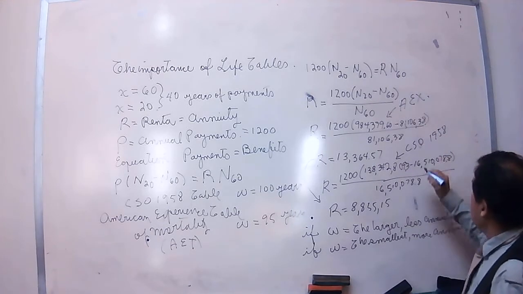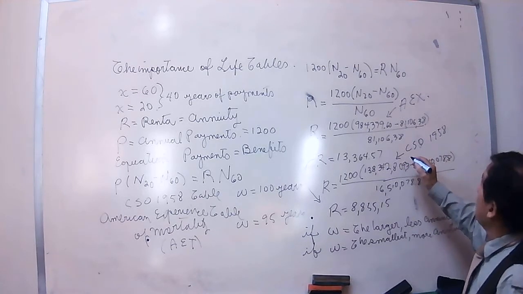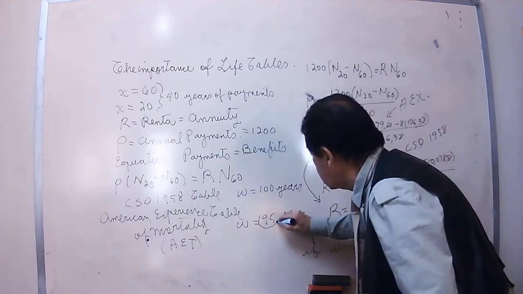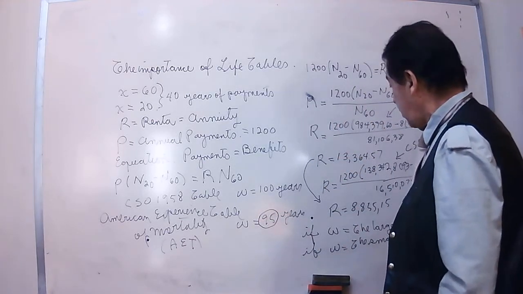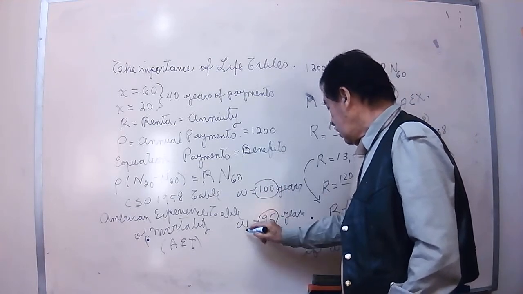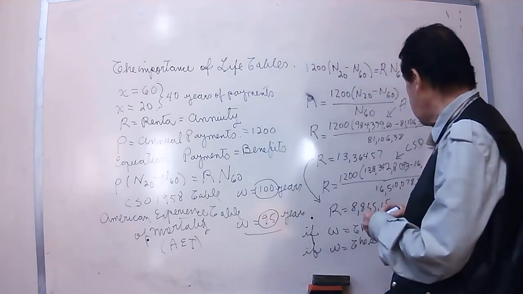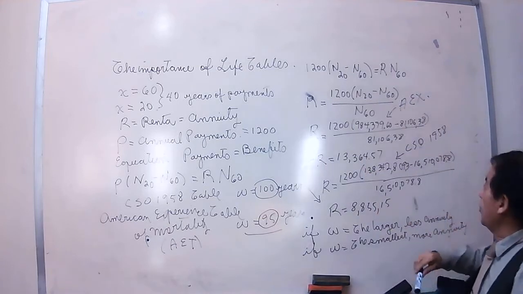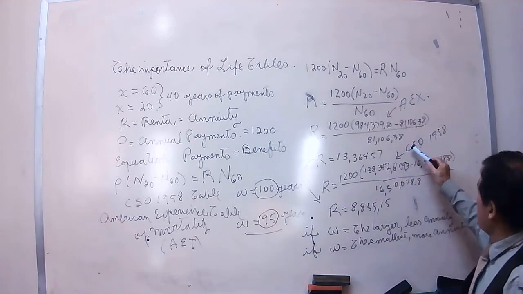The American Experience table has the last age of 95, and with the CSO table, the last age is 100. So we have a difference of 5 years, but these 5 years are very important because the annuity payments are going to be smaller if he's using the CSO table in 1958.